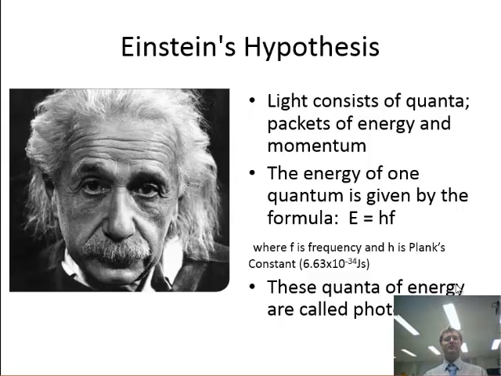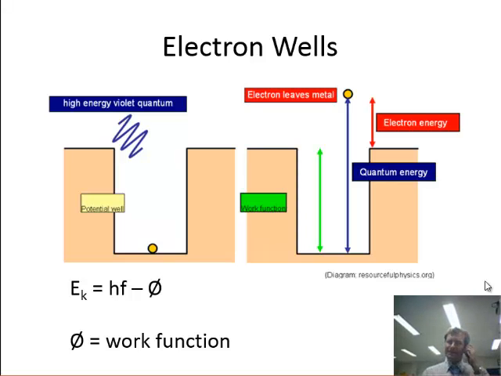Now, those quanta of energy, we're going to get the term photons of light. So each quanta, each chunk of energy provided in this form is known as a photon of light. So now let's look at this idea with the idea of photons of light.